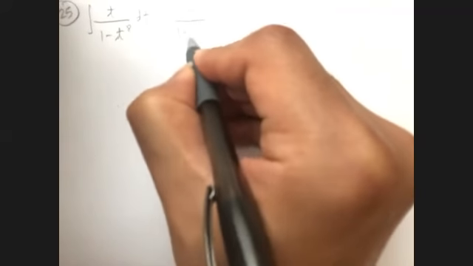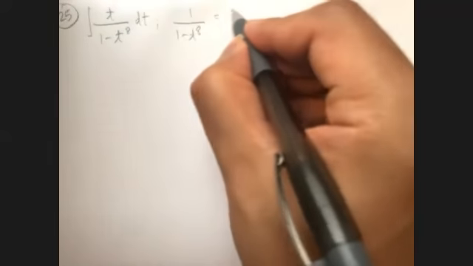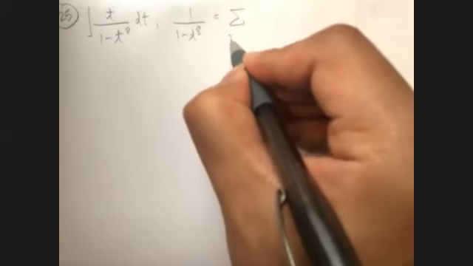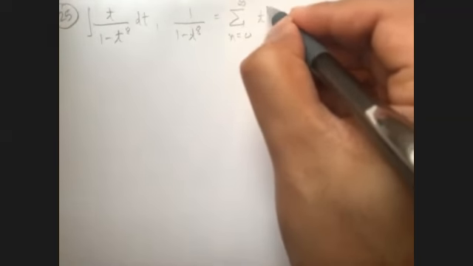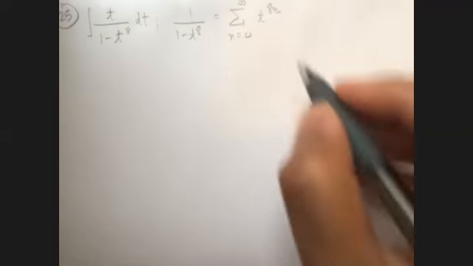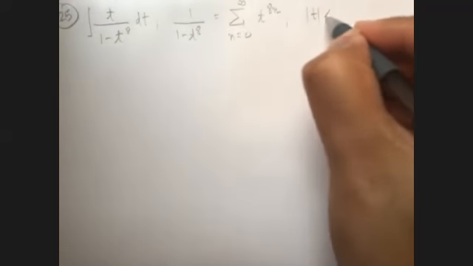So let's first start with 1 over 1 minus t to the 8. So this is same as mod of t less than 1.